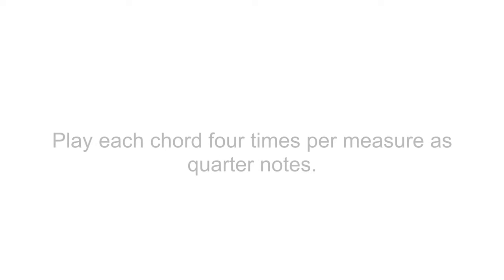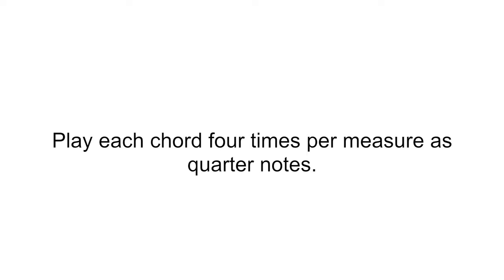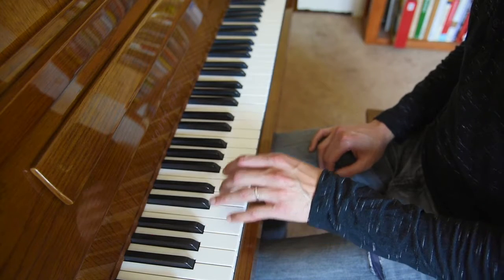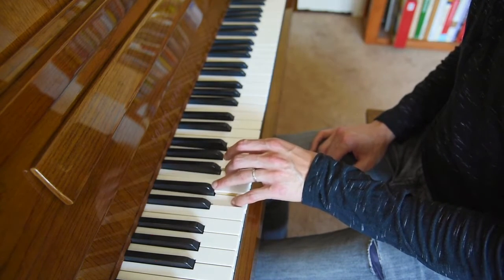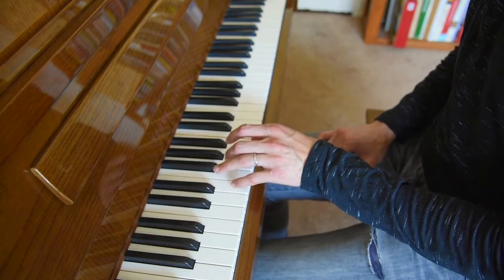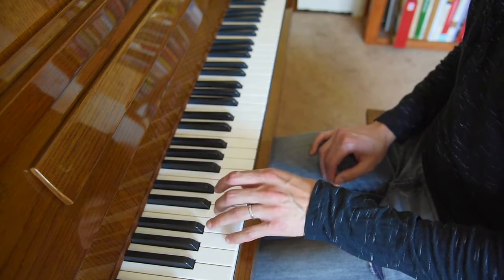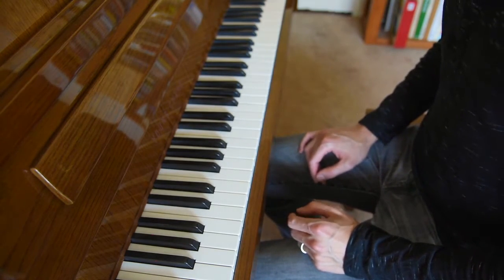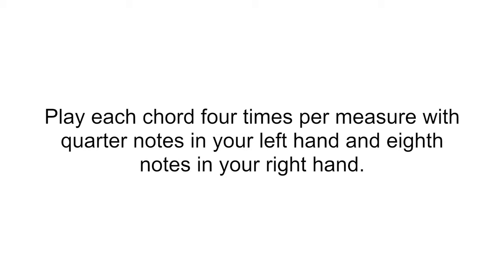For example, you could play each chord 4 times per measure as quarter notes. Or you can play each chord 4 times per measure with quarter notes in the left hand and eighth notes in the right hand.